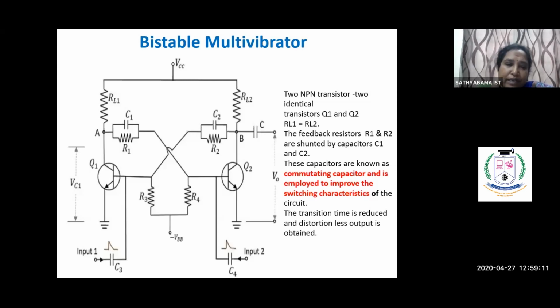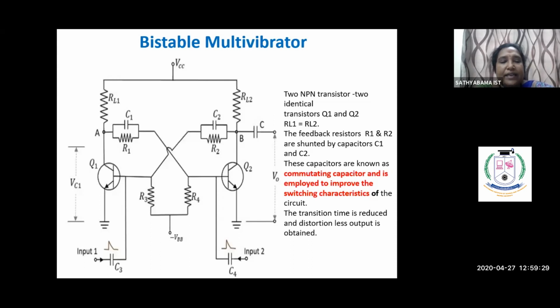At the base of Q1, input 1 through C3 is given the first trigger, and on the second transistor side, we give the second trigger input through C4.